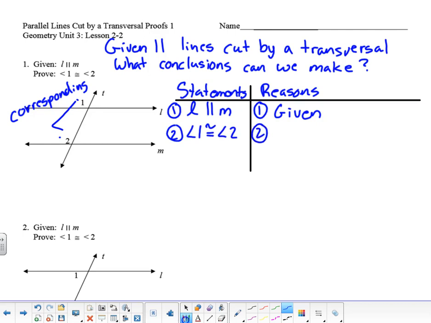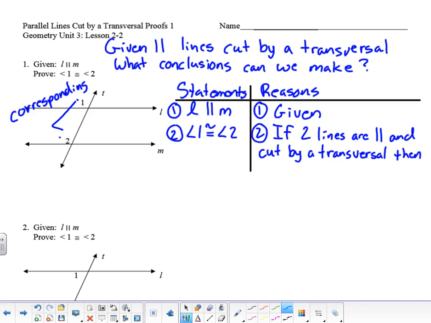And here's the reason why. It's just from our notes last time. If 2 lines are parallel and cut by a transversal, then corresponding angles are congruent.